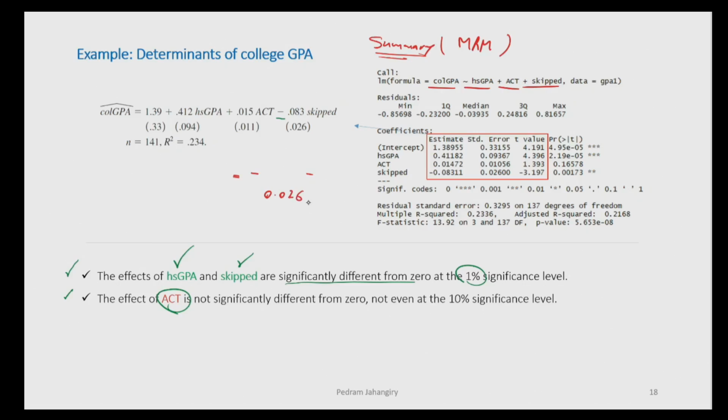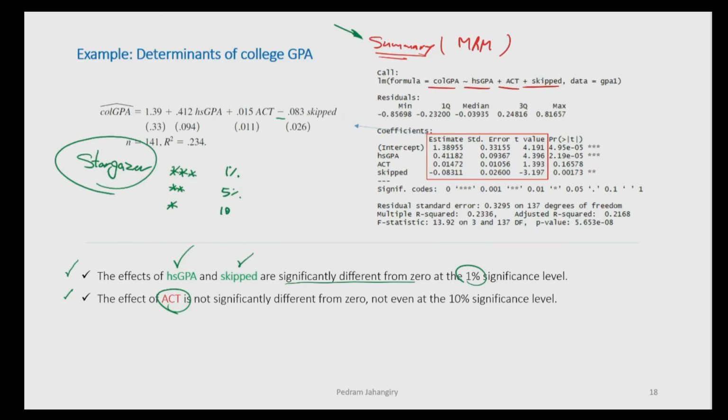You can look at the output in R. In the class, I'm going to show it to you, but let's talk about it here. You can look at the output if you use summary versus stargazer. If you use the stargazer output, then the number of stars is different. 3 stars is the 1% significance level, 2 stars is 5%, and one star is 10%.